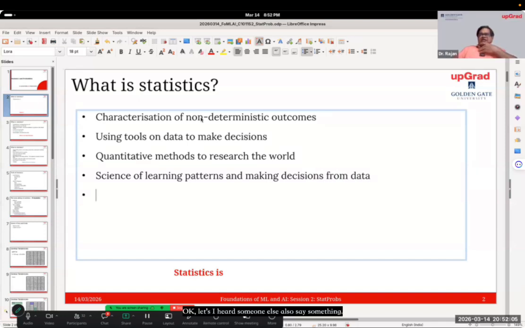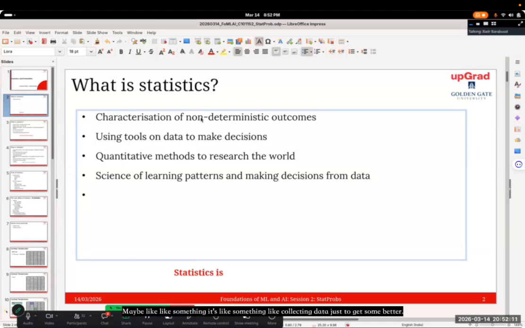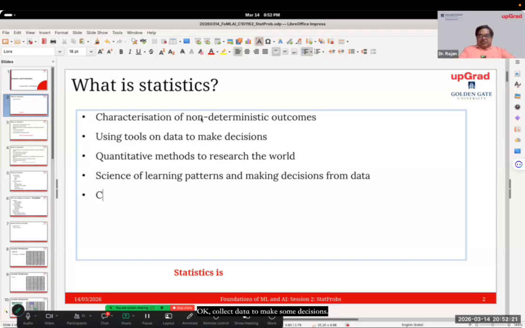Someone else said something similar, collecting data to understand patterns and to make decisions. Okay, collect data to make some decisions.